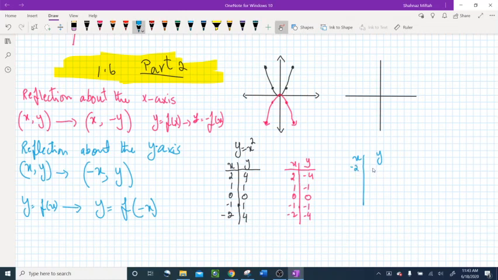First let's write down all the y values. The original ones go 4, 1, 0, 1, and 4. Change all the x values: positive 2 turns to negative 2, negative 1 becomes positive 1, 0 stays, then this one is going to go positive 1, and this one is going to go positive 2.